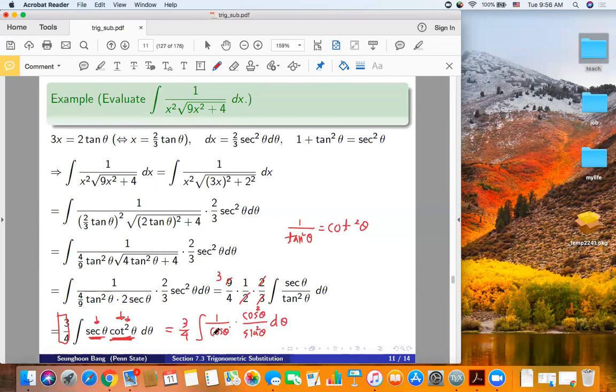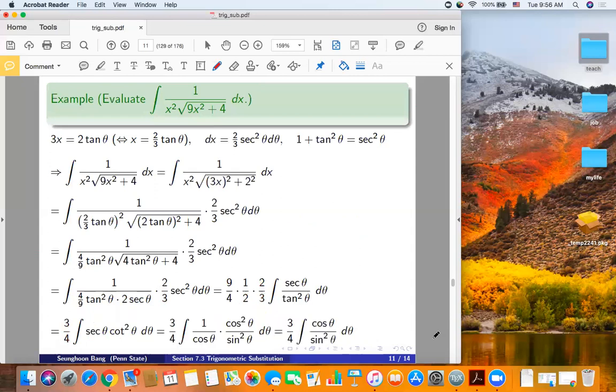The next, one cosine theta is crossed out. We have 3 over 4 times the integral of cosine theta over sine squared theta d theta. So we have this result.